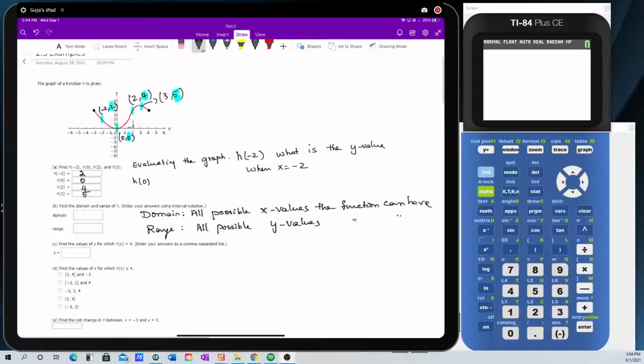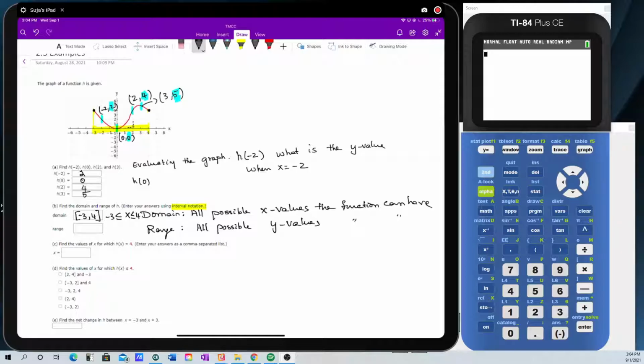So when I look at this, the first x value it can have is -3, then it can have all these x values up to +4. So that's going to be my domain, and because it's asking for interval notation, I will put -3 comma 4. Now the meaning of this is x is between -3 and +4.